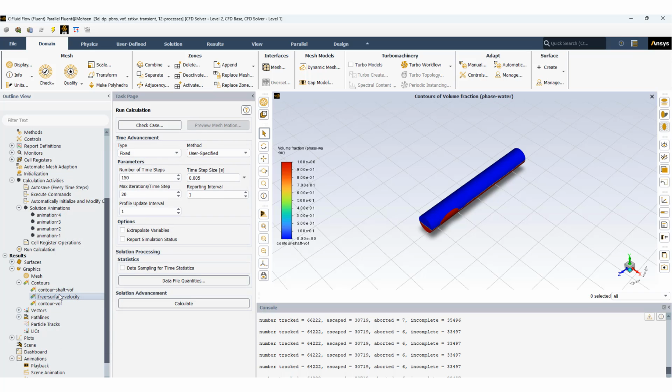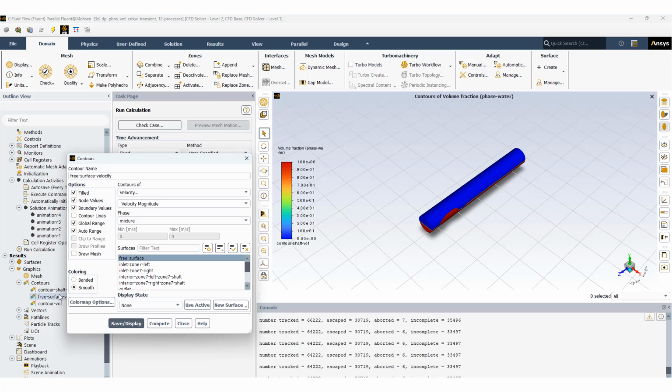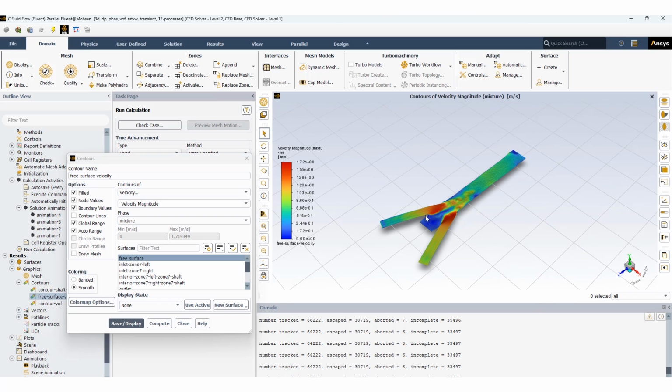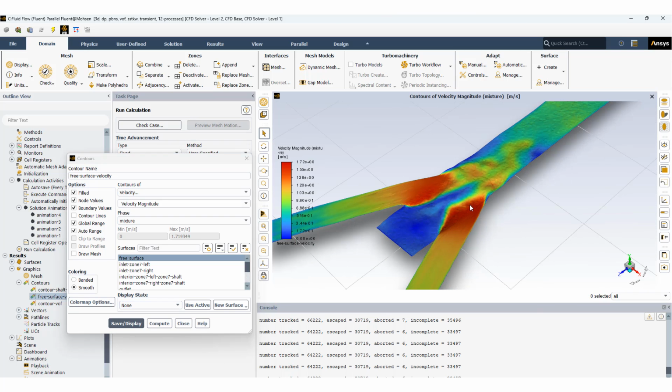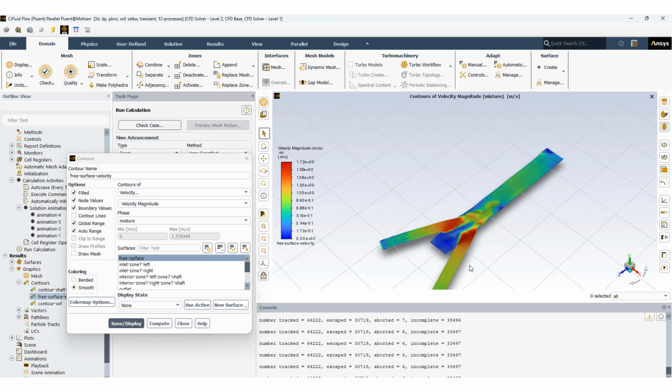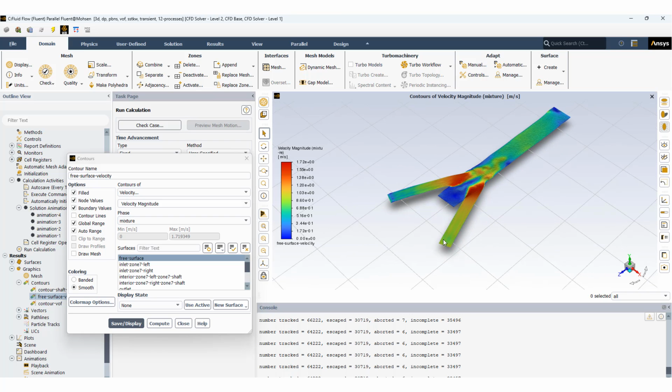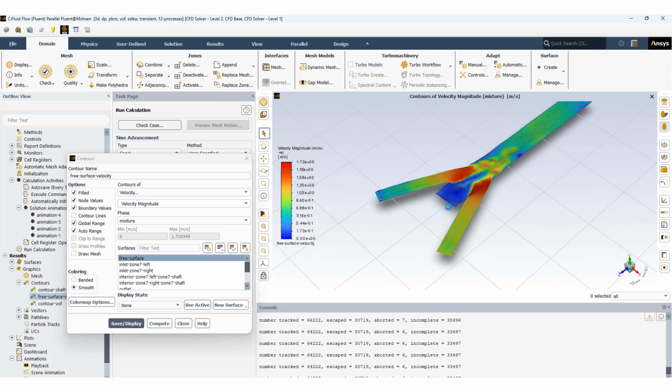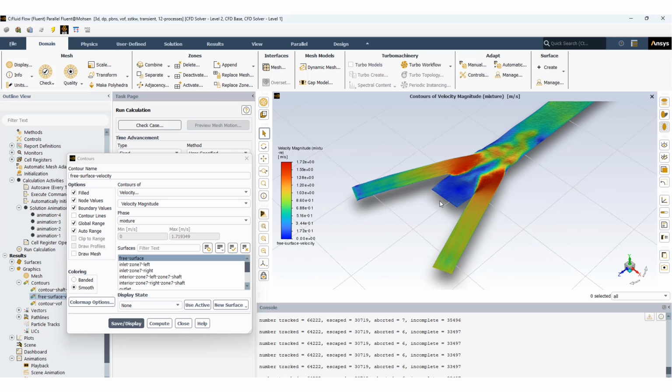For the water free surface, you can see that when the velocity is getting into the main tube, the velocity increases, but here the velocity is about 1, and as you see here it is almost a dead zone, with a very small amount.